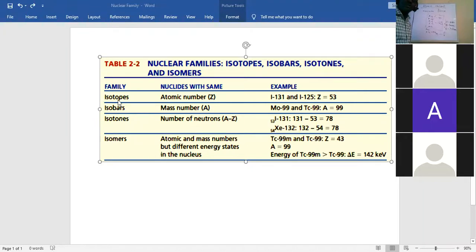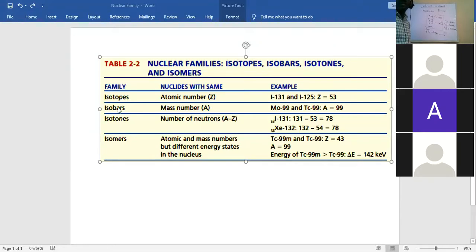But for clarity's sake, this P here, this A here, and this N here are the key to understanding. The P here denotes the same number of protons.